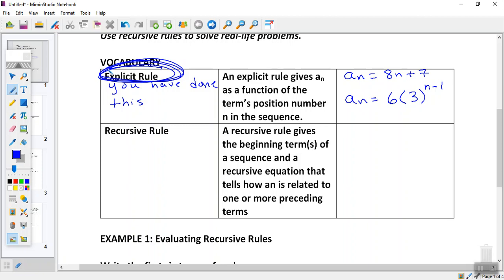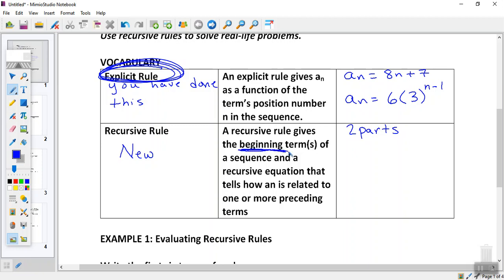Now the ones that are going to be new for you today are what kind of rules? Recursive rules are goofy. Recursive rules are always going to have two parts. It says a recursive rule gives the what, kids?